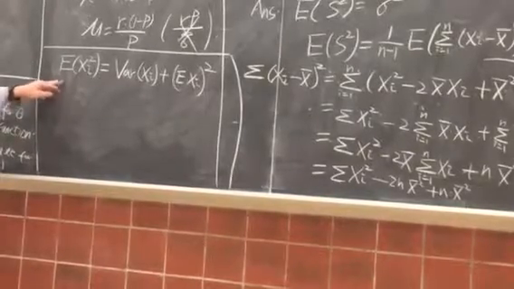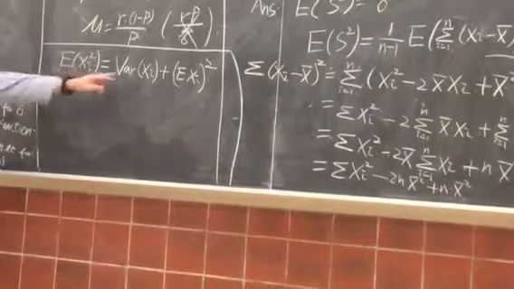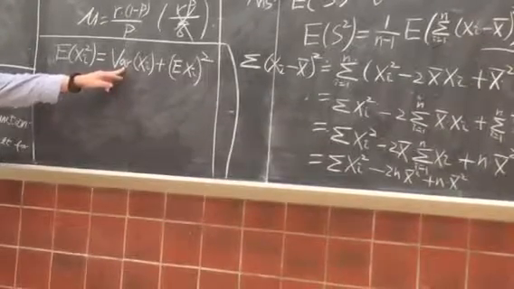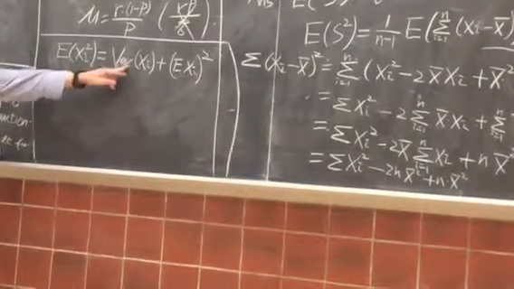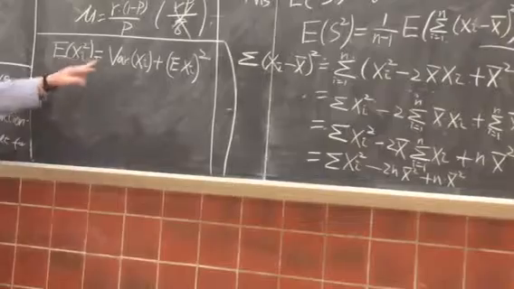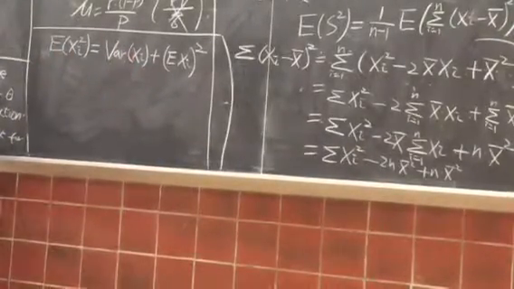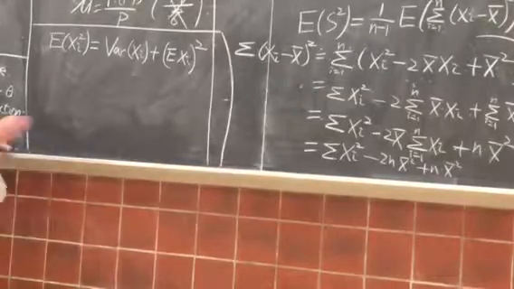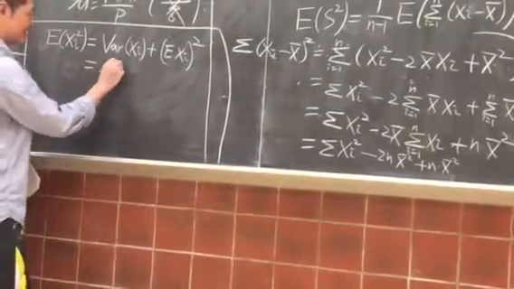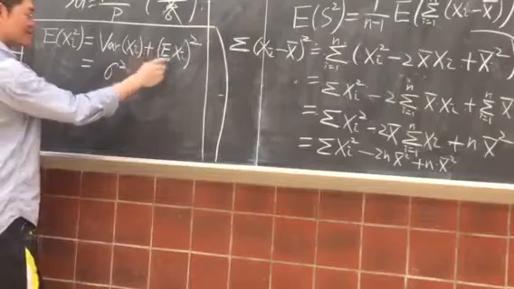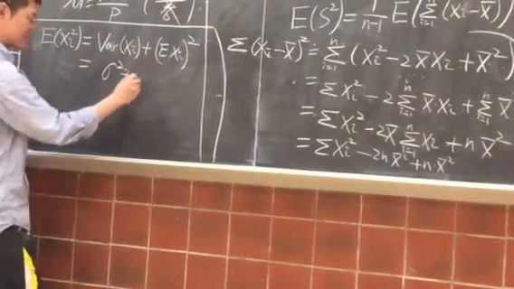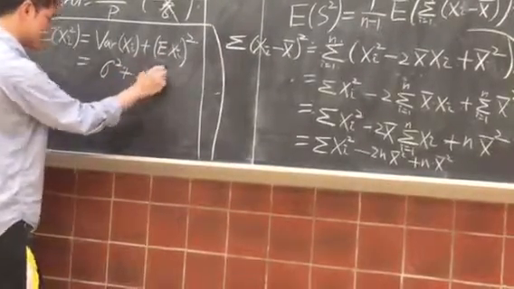And this just comes from the formula for variance. Because variance is E x squared minus mean squared, so you move the term to the right hand side. Okay. And this is sigma squared plus E xi is mu, so it's plus mu squared.